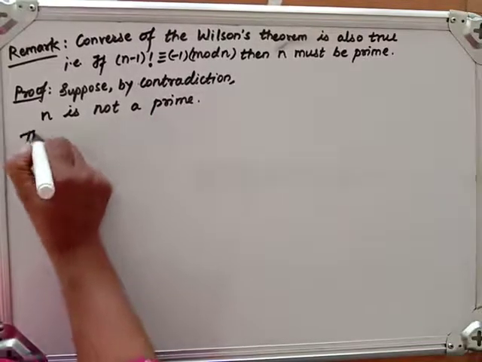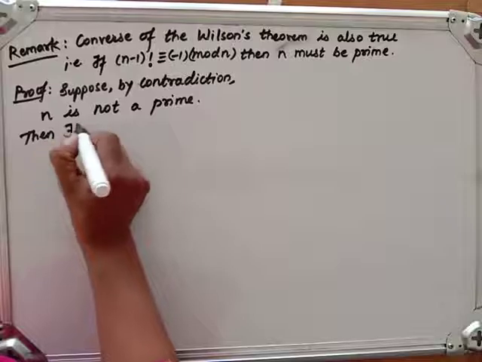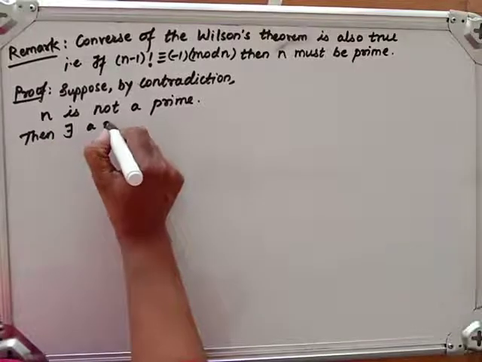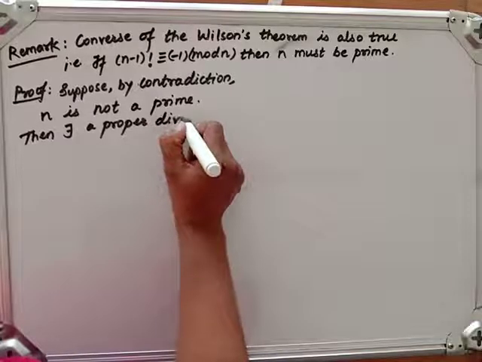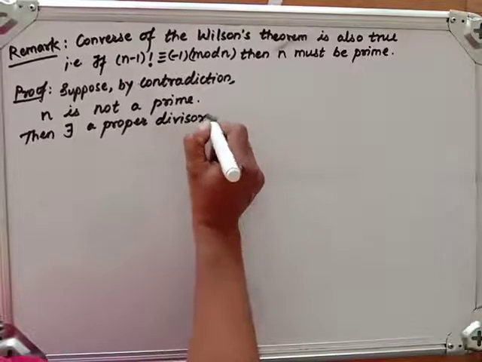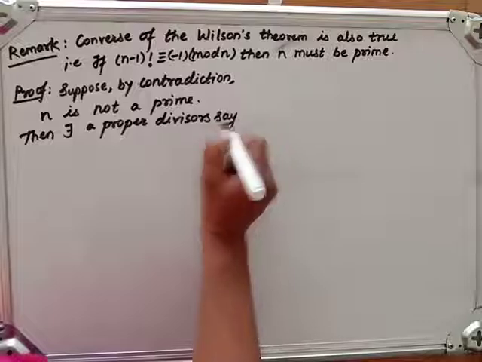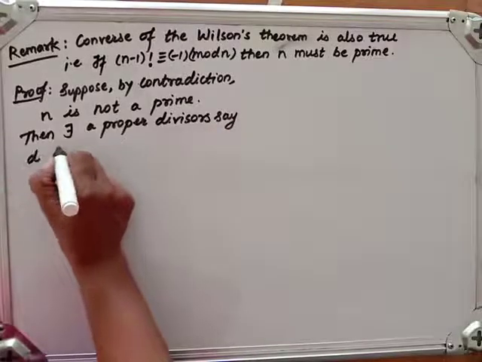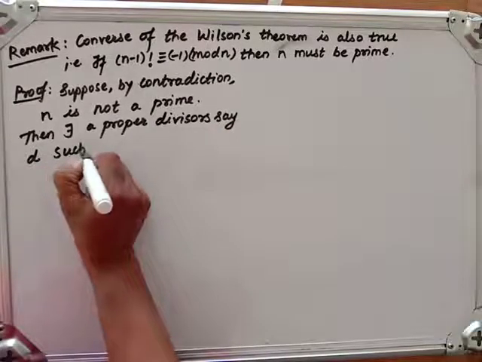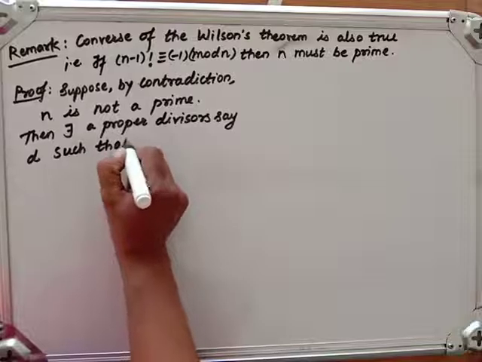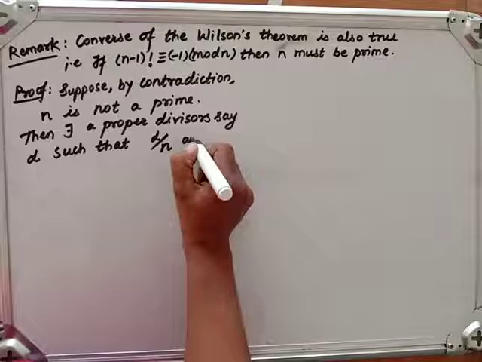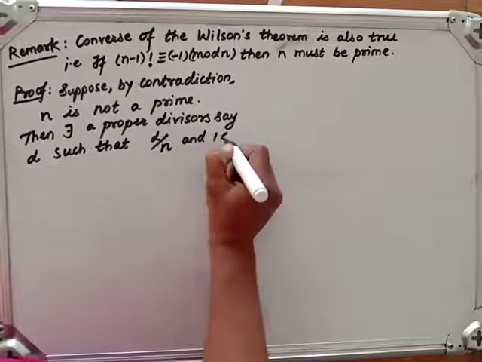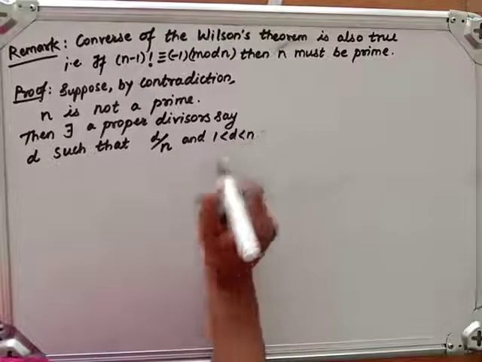Then there exists a proper divisor, say D, such that D divides n, and D lies between 1 and n.